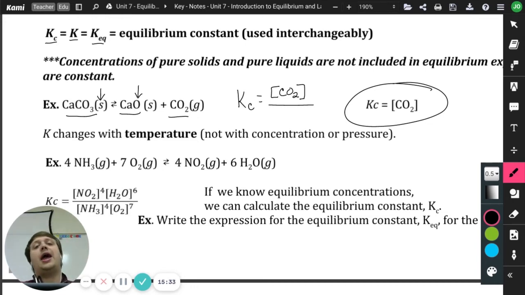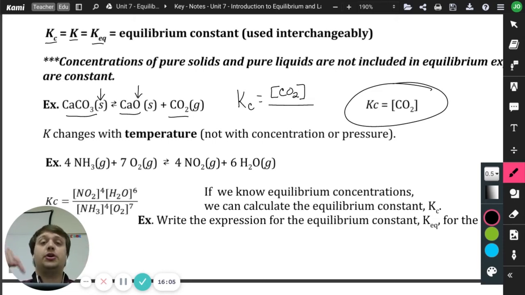Well, remember that as I add more reactants, those reactants are going to turn into products, and then that reverse reaction is going to continue. We'll see this equilibrium actually doesn't move because those reactants are changing into products. So this equilibrium constant stays the same because there's nothing that's going to affect that.